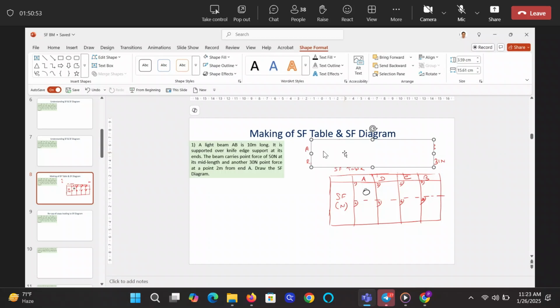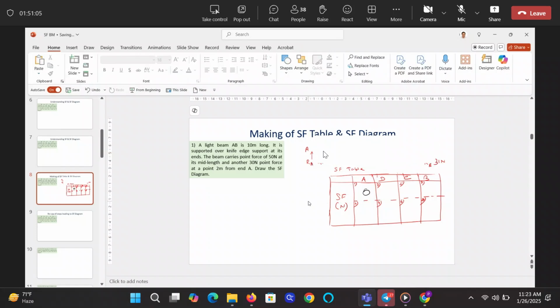Now, move your paper and just take it to just to the right of A. Just to the right of A, you have brought it here. Is there any force that has now changed from left to right? Yes. You can see plus 49 coming into picture. So what will I do? I'll carry this 0 forward. That means up to left of A, it is 0.